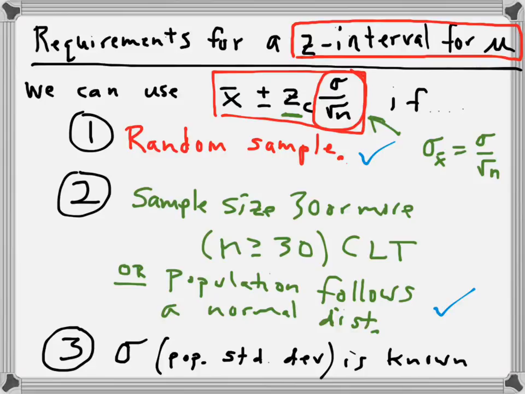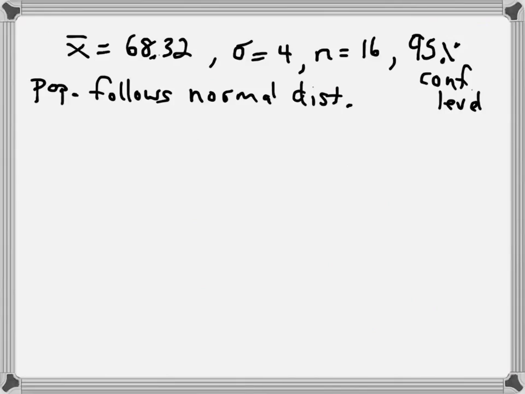We also assume that this was a random sample, and as we mentioned in this case, we know the standard deviation of the population. Okay, so the idea now is, since we don't know the true mean of the population, we are going to assume, because it's an unbiased estimator, that the real mean of the population is our sample mean, 68.32.